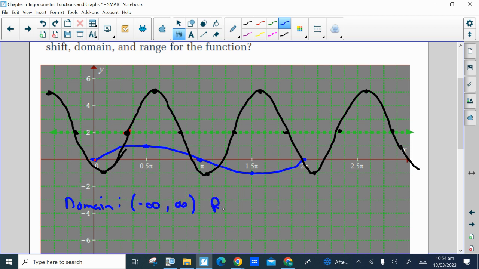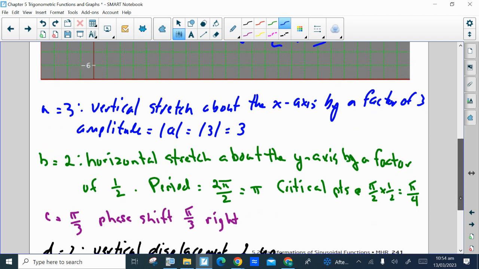Domain doesn't change, but the range does every time. Here our range goes from negative 1 up to positive 5.